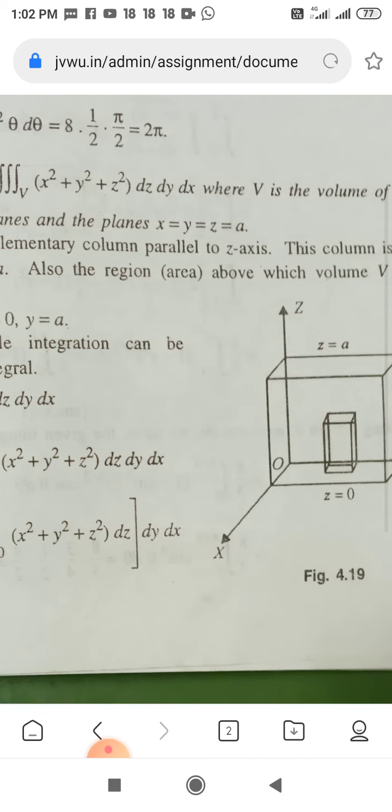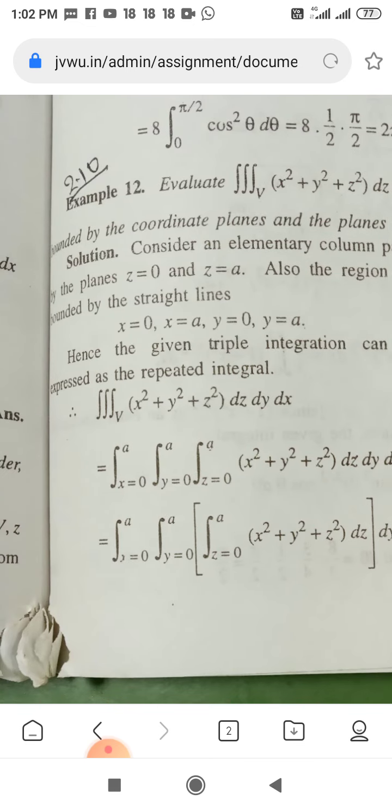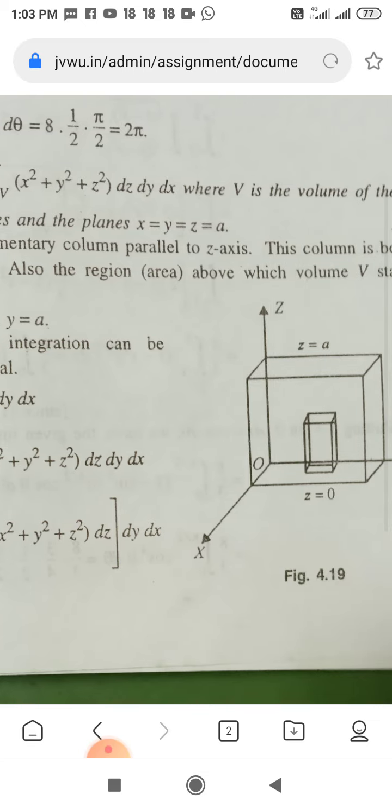So this is the figure of the cube which is bounded by the planes x is equal to a, y is equal to a, z is equal to a. Consider the elementary column parallel to the z axis.